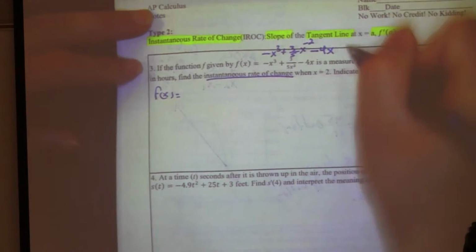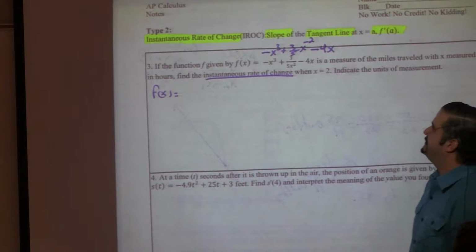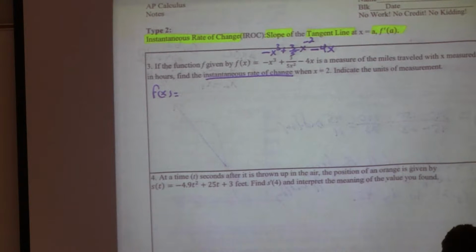I'm just sending the x up, that's the only part I want to move up. I'm leaving the 3/5 there as a constant. If you want to send the 5 up, then you have to say 5 to the negative 1.